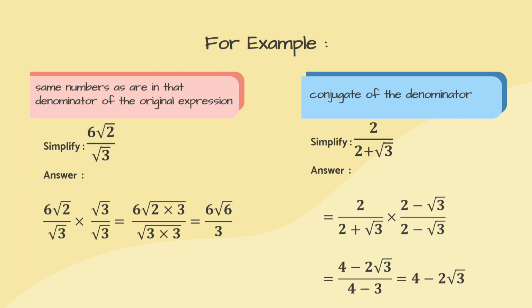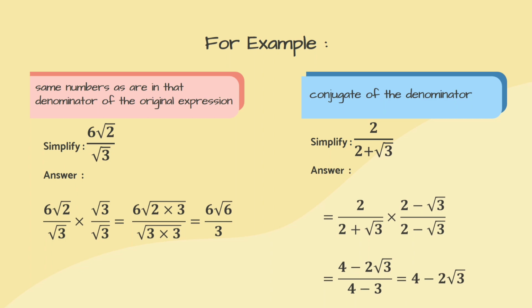Because the denominator of this expression is the square root of 3, we can multiply this expression with the square root of 3 over the square root of 3. The square root of 3 over the square root of 3 have one value, so if we multiply the original expression with the other expression that have one value, we do not change the original expression value. So the answer for this question is 6 times the square root of 6 over 3.